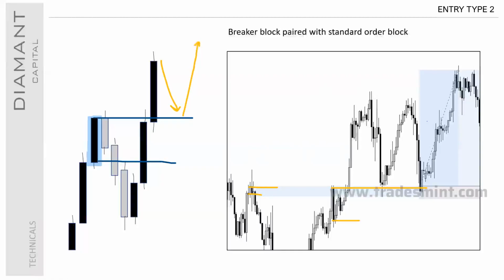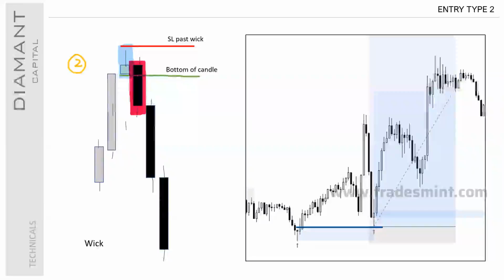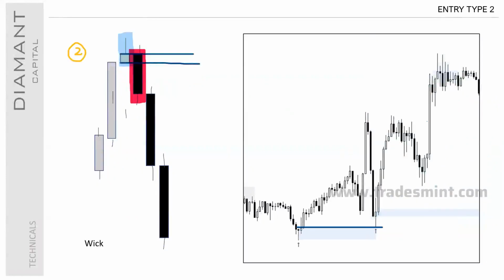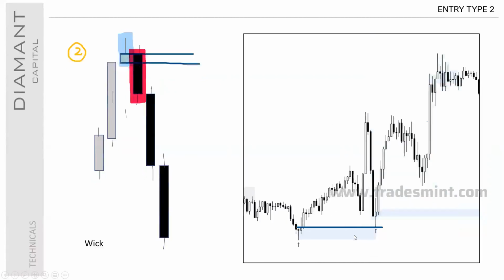It's going to be very, very important for you to understand. Don't confuse yourself with all the different entry types. I'm just explaining to you how you could enter. So it could be off the wick, it could be off the body. If you really want to play it safe, the safest way with the largest stop loss would just be the wicks and then set stop loss past the whole candle.